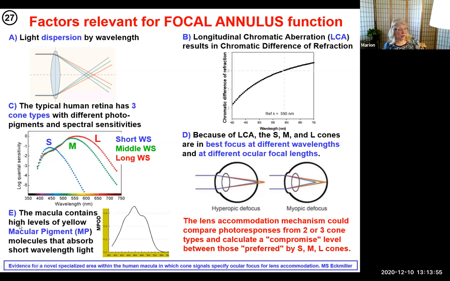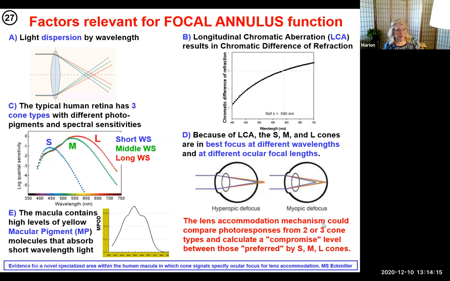In addition, the macula contains high levels of yellow macular pigment, whose absorption spectrum is for short wavelength light, and the macular pigment is primarily going to absorb and affect short wavelength cones.